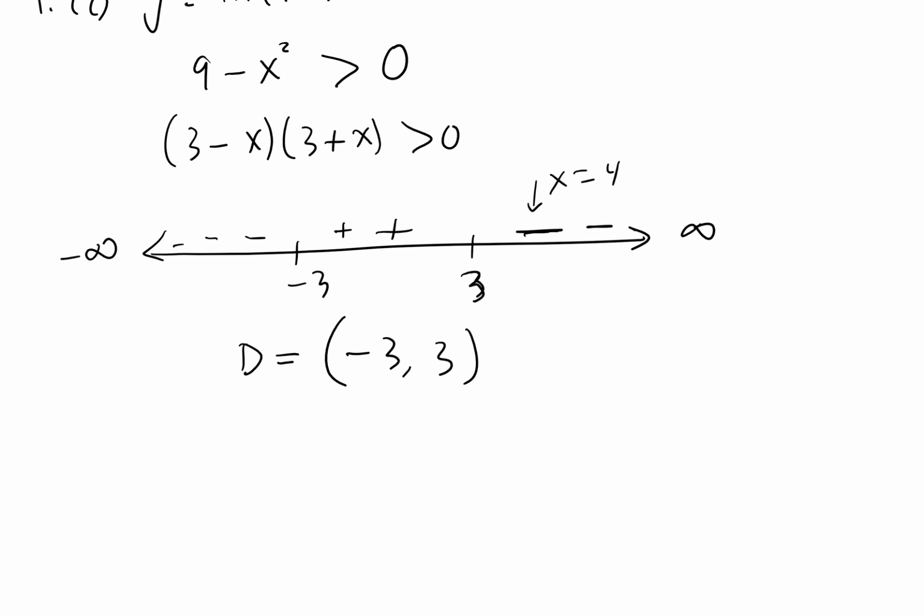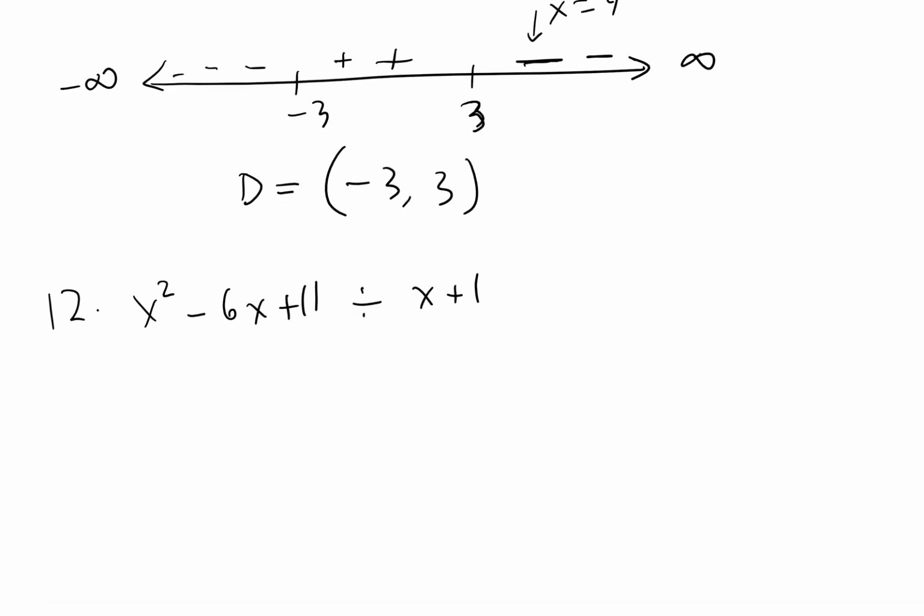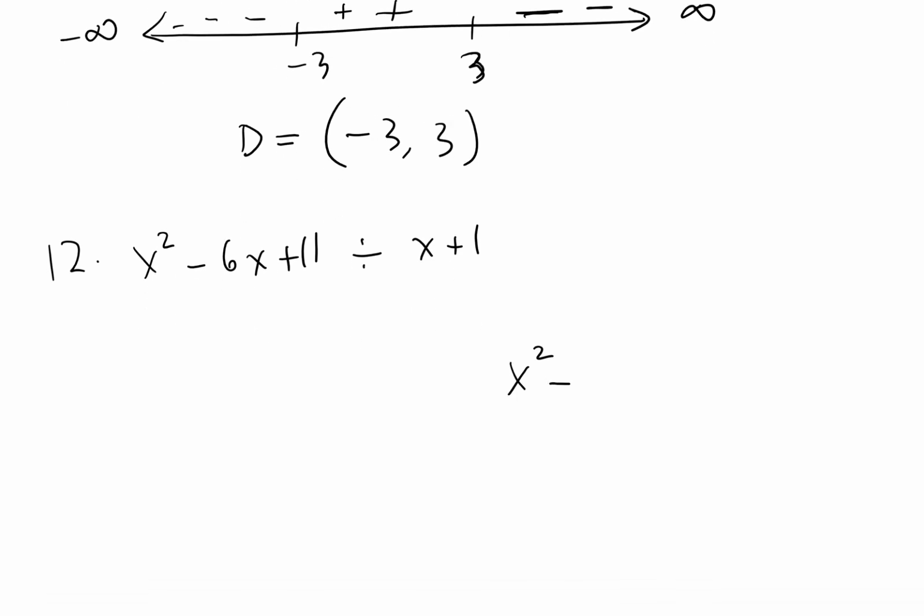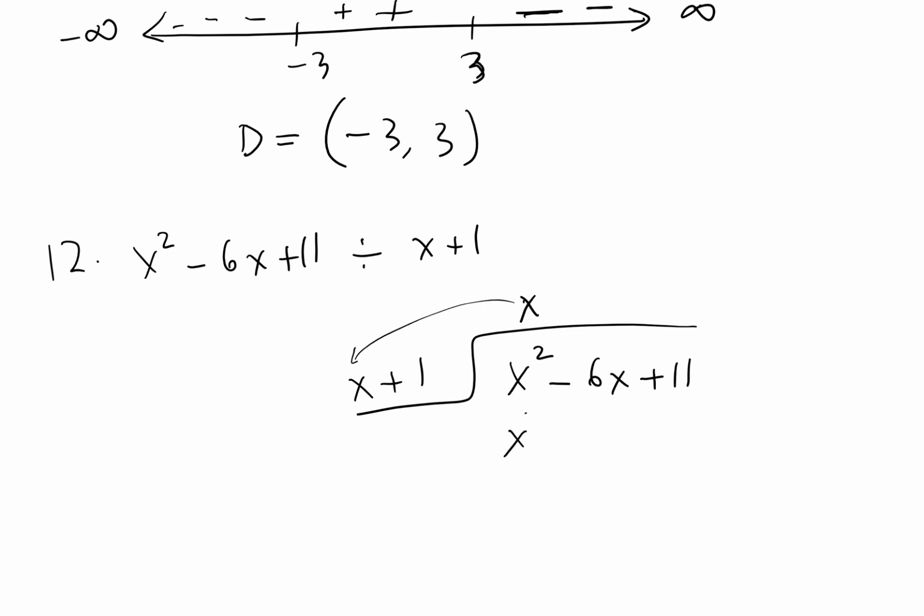12. I'm not sure if I solved it or not, but we can do it now. x squared minus 6x plus 11. Divide this by x plus 1. How do we do this? You write it like so. Divided by x plus 1. What needs to go on the top? If you multiply by x, you get x squared. x times x, x squared. x times 1, 1x.